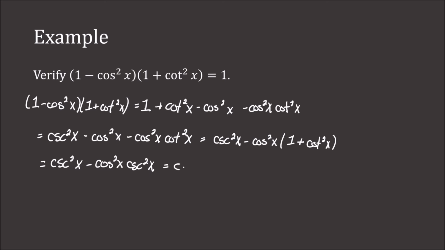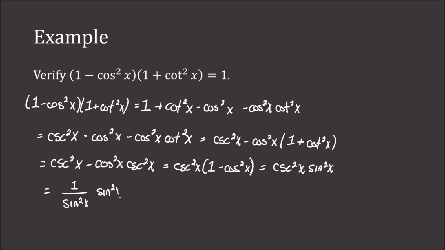We can now factor out a cosecant squared x and be left with 1 minus cosine squared x, which is sine squared. Now cosecant squared is 1 over sine squared. So we have sine squared over sine squared. That is just 1. That is what we wanted. And so the verification process is complete.